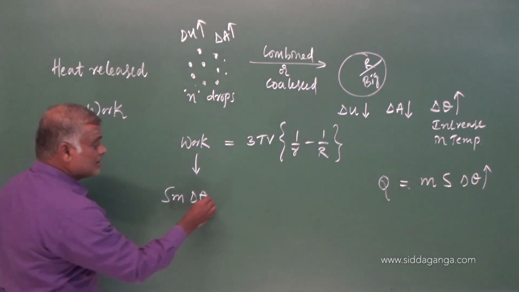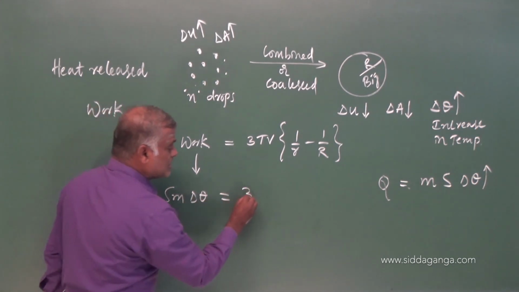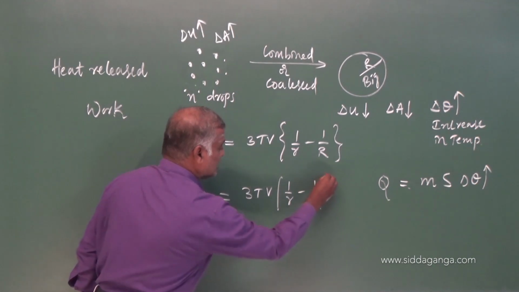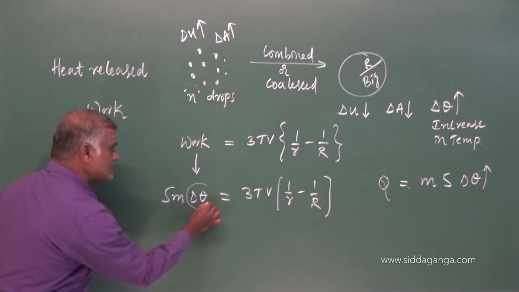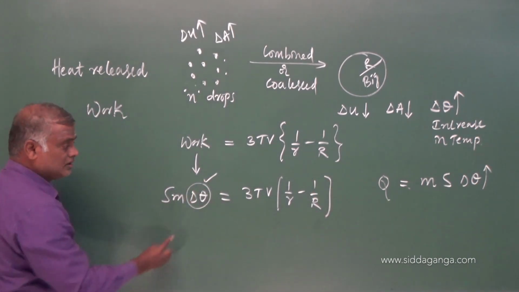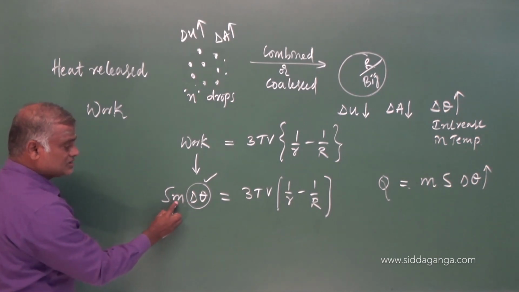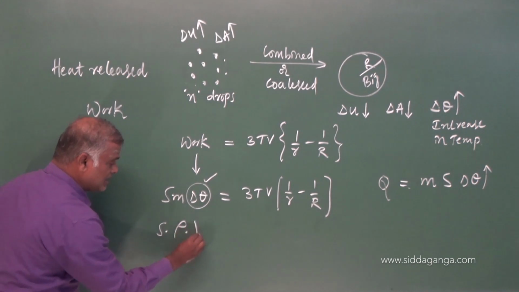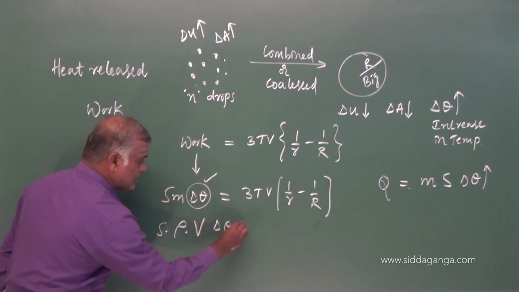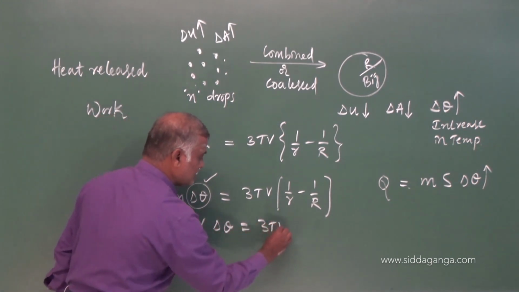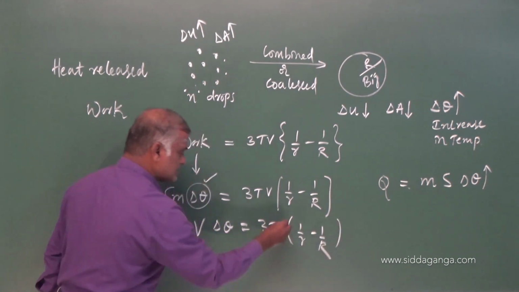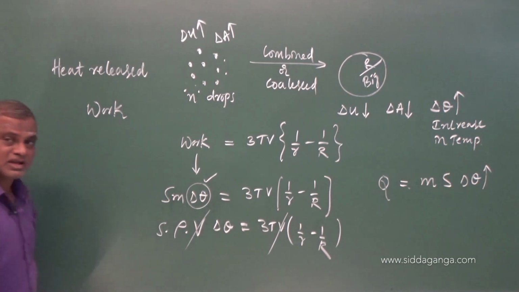So with that, just modify 3T into 1 by r minus 1 by R. For the rise in temperature, here again we write mass is equal to density into volume, density into volume into delta theta, keep as it is. So what cancels? Volume cancels.